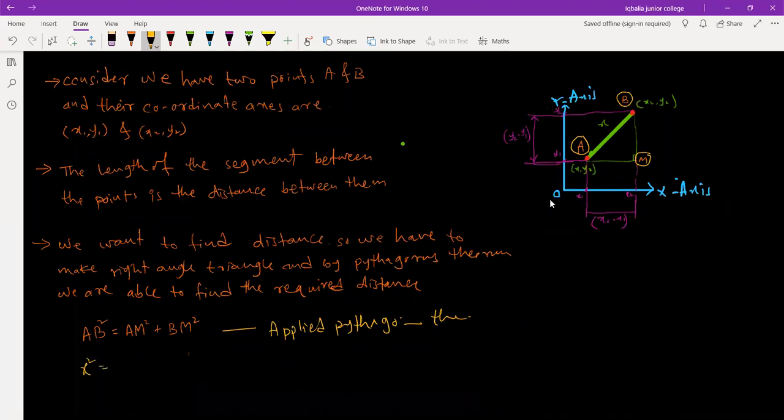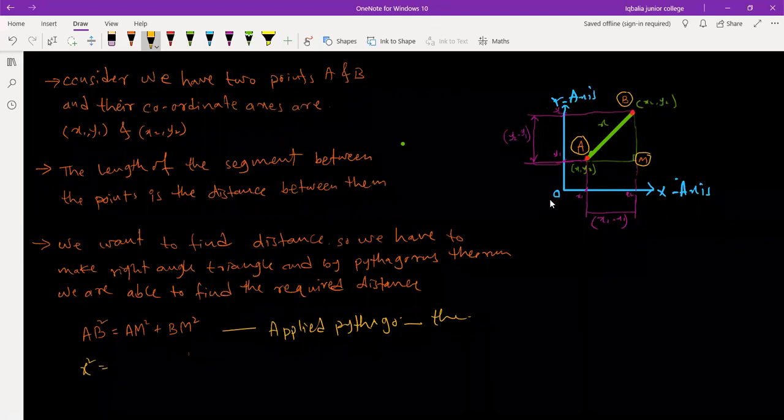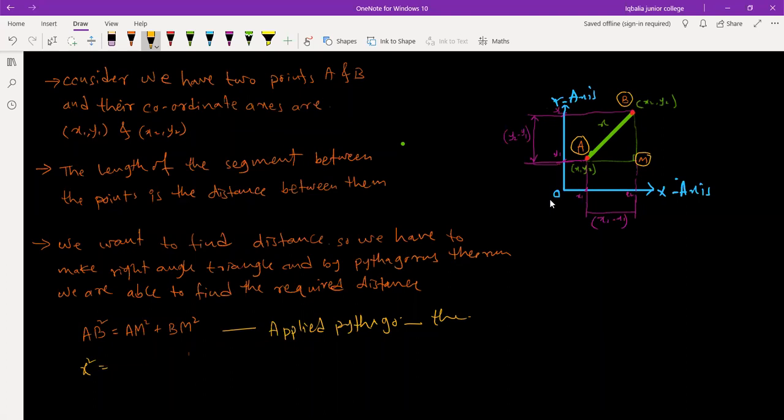And one thing you see here, student, see the point A. If I draw a line to the x-axis, I will get a point, and the point is x1. And again see the point B. If I draw a line to the x-axis, I get a point called x2.